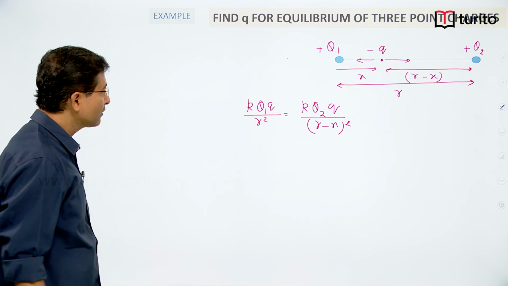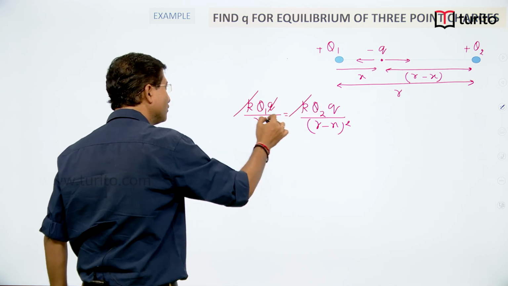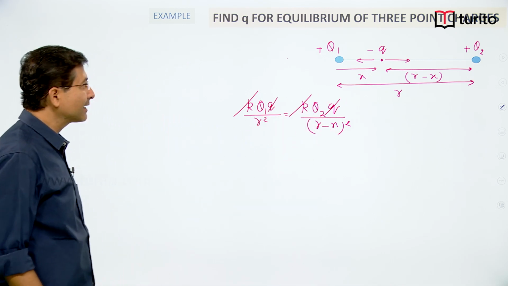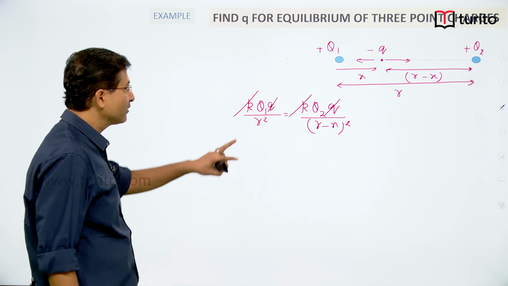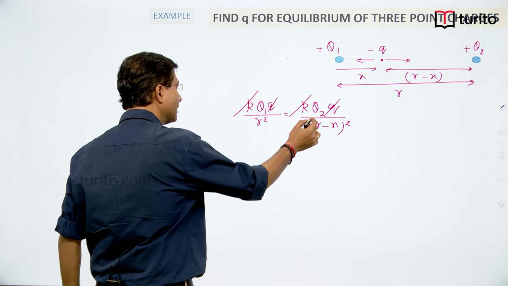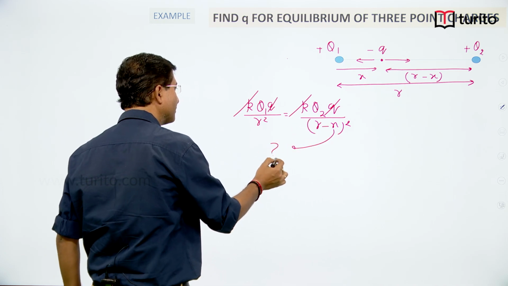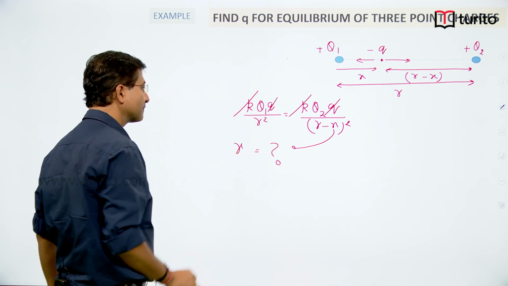So from here you can see that this K, Q, they all will get cancelled out, and we can simplify this one, right. So we can simplify this one and we will get the value of x from here. After simplification you can find out the value of x.